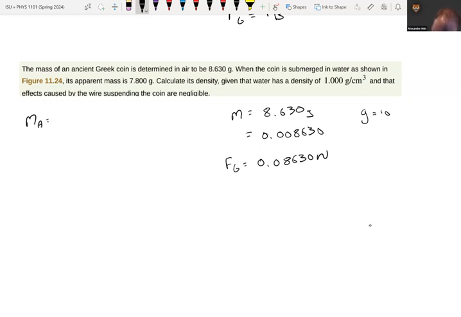Okay. And then it says that the apparent mass is 7.800 grams. Now, what this means is that you have the apparent weight.